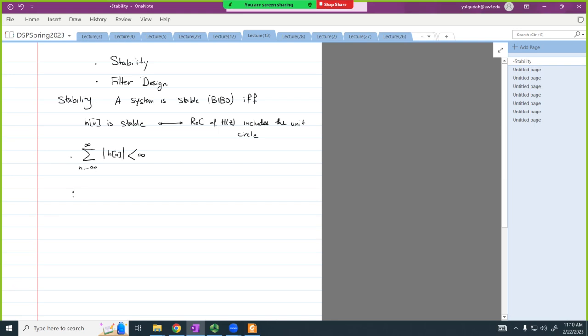If the system is causal, then bounded input, bounded output stability holds if all the poles of H of z lie within the unit circle.